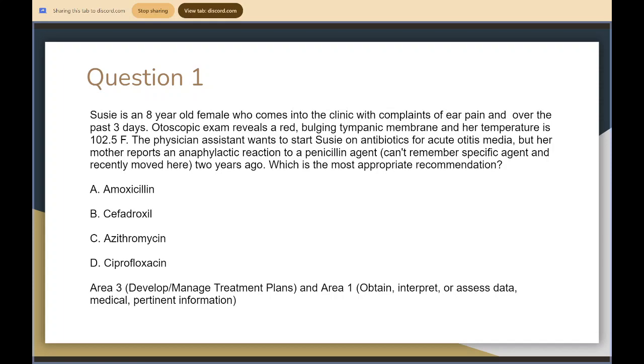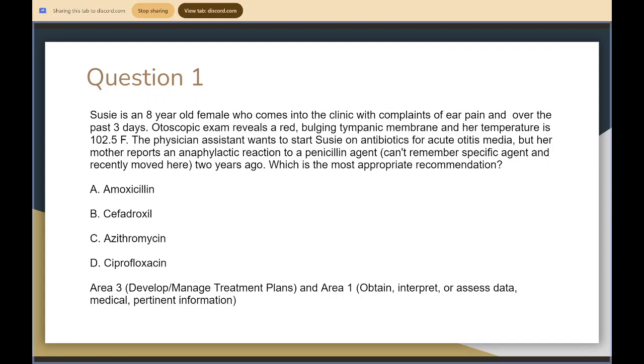The physician assistant wants to start Susie on antibiotics for acute otitis media. But her mother reports an anaphylactic reaction to a penicillin agent 2 years ago. Can't remember the specific agent and recently moved here. What is the most appropriate recommendation?